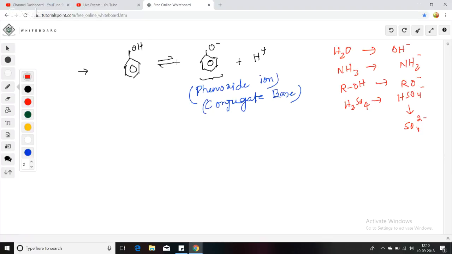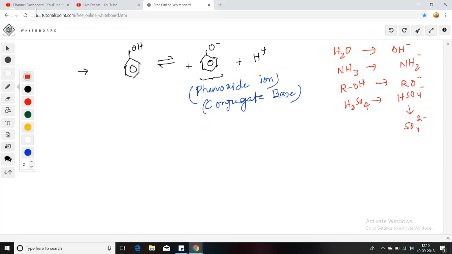So any substituents present in the ring which stabilize this phenoxide ion will increase the acidity of phenol. We are talking about substituents at the ortho and para positions; the meta position will not have any major effect, because the meta position is not affected by the OH group.